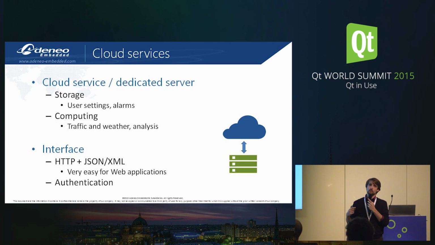Data that can sometimes be accessed with queries, but just data space on a hard drive on a server. So the storage will be for all user settings and alarms. And computing, so that will be traffic, weather, and analysis of the data, for example, to know when it snows or it doesn't snow. That's what we'll use.